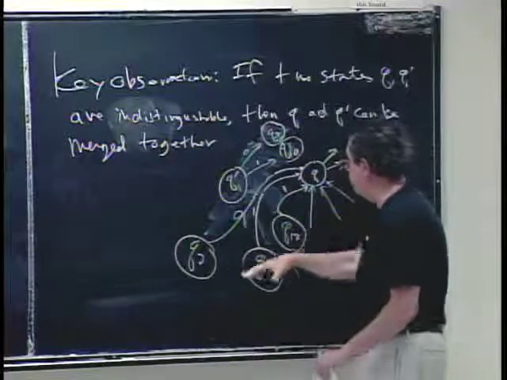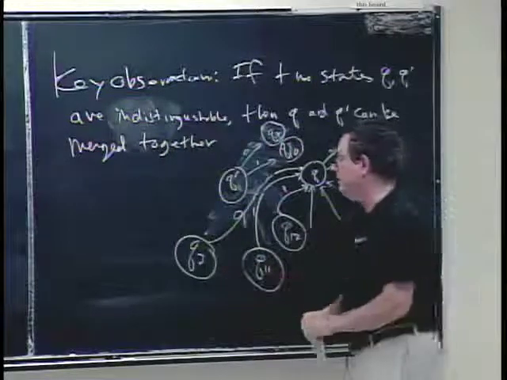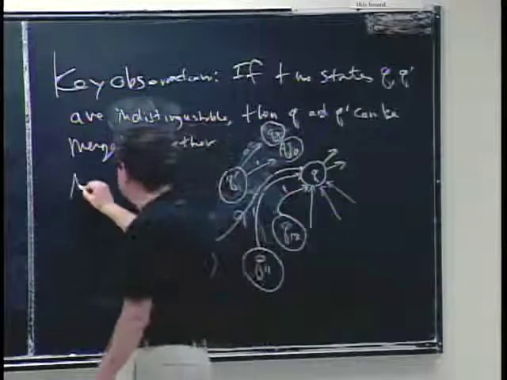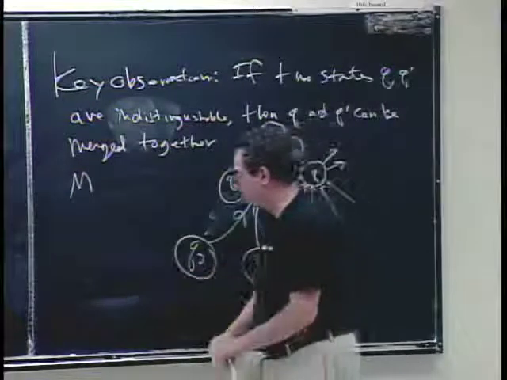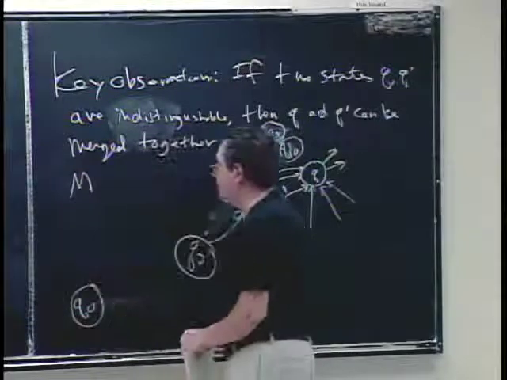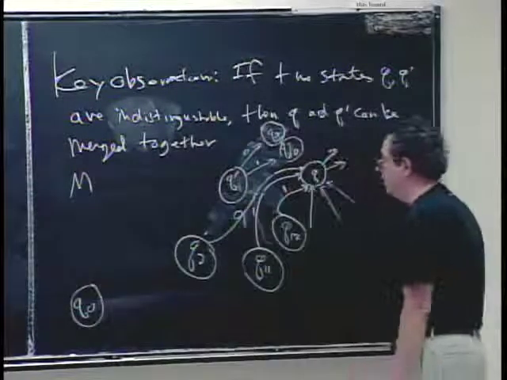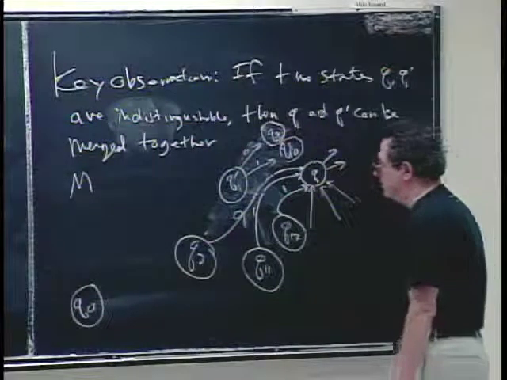Now, this whole picture is part of some larger DFA M. Think about computations that go from the start state Q0 and end up somewhere, either in a final state or a non-final state.